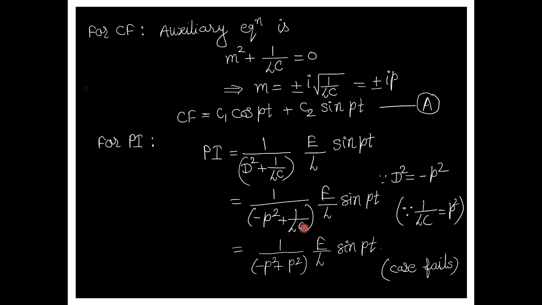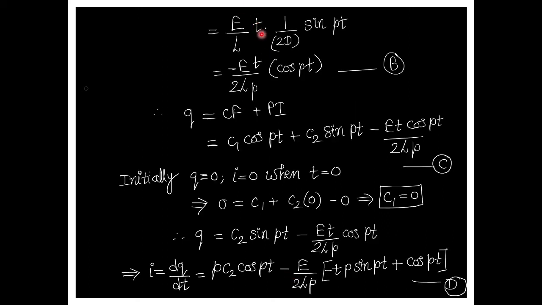Therefore we substitute this value, and 1 upon LC has value equal to p square. Therefore the denominator term gets cancelled, that means we get 0. Case fail. In that case, we multiply the numerator by t and then differentiate the denominator term with respect to D, therefore 2D here, and sin pt.